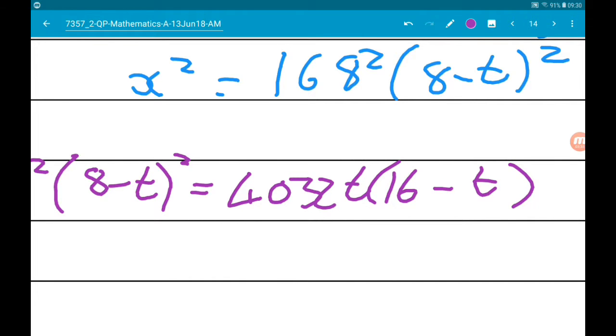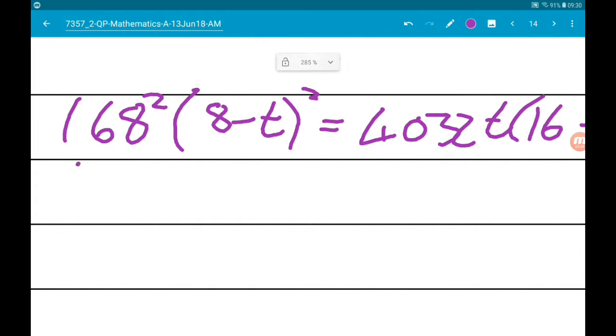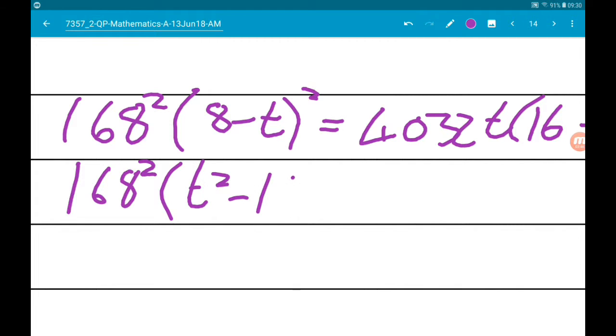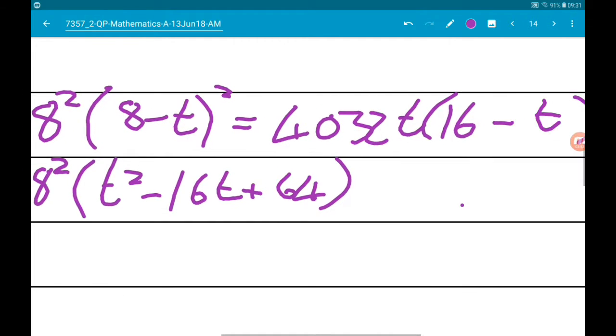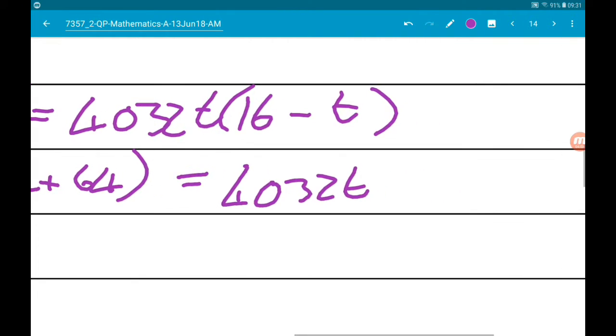Okay, good times. So we can expand these brackets, so we get 168 squared times t squared minus 16t, add 64, equal to 4032 t times 16 minus t.